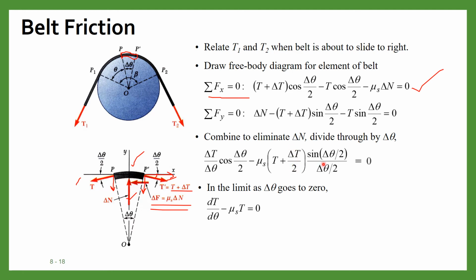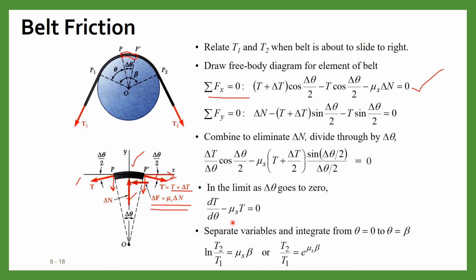So this will be 0, and for small values sine delta theta by 2 will be approximately equal to delta theta by 2, which will cancel out. So finally we get this equation: dT by d theta minus mu s T equals 0. So this is a differential equation.